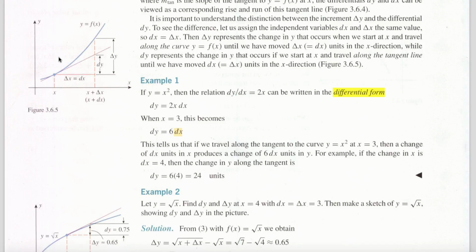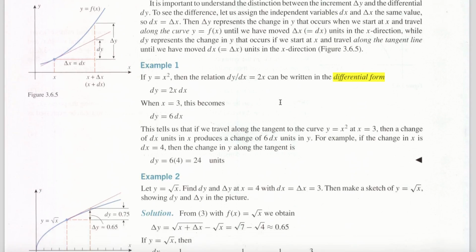And that means the tangent line will rise 12 units when I change 2 units. So differential form helps me understand how the tangent line is changing. By knowing dx, for every amount dx, dy will always change 6 times that amount, and so I can always keep a record of how the tangent line is changing. That's what differential form is all about.